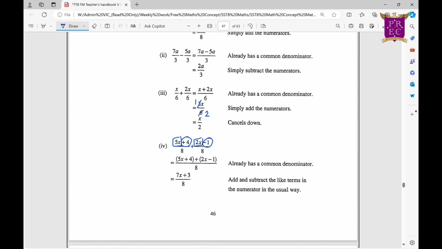So we can just rewrite it as 5x plus 2x plus 4 minus 1 all over 8, and that gives us 7x plus 3 over 8. So yep, just keep in mind, again, we're still applying the like terms and excluding unlike terms.